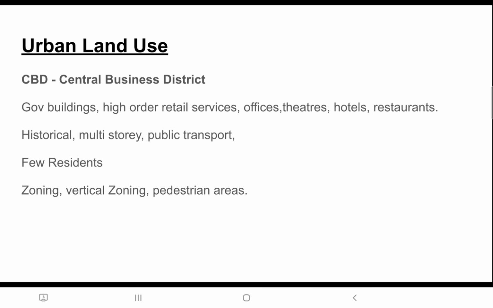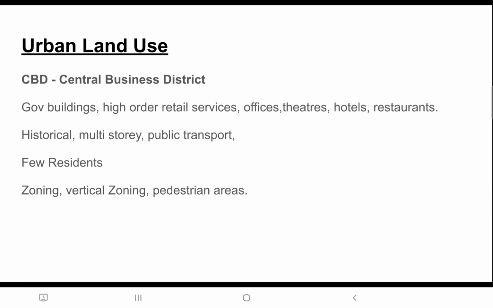Our next topic is the urban land use. We have what's called the CBD, which is the central business district, and this has a few features. The CBD is like the central hub of the business area. You tend to find the government buildings, high order retail services, offices, theatres, hotels and restaurants here.